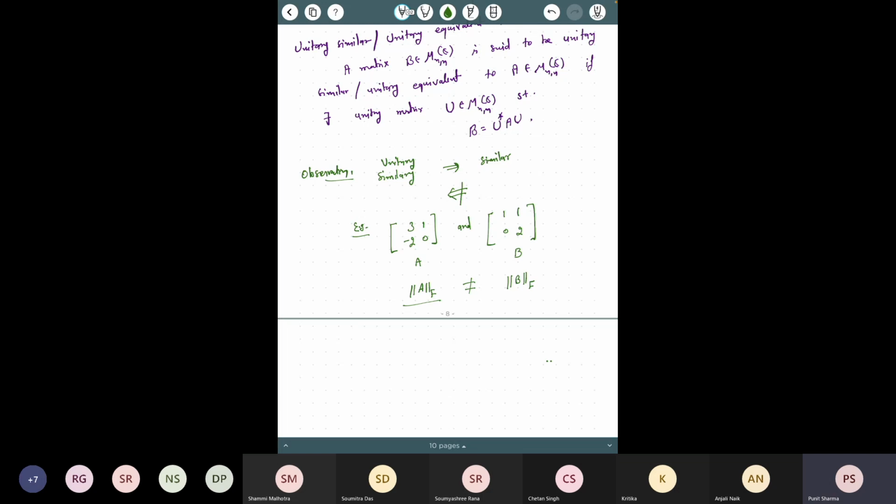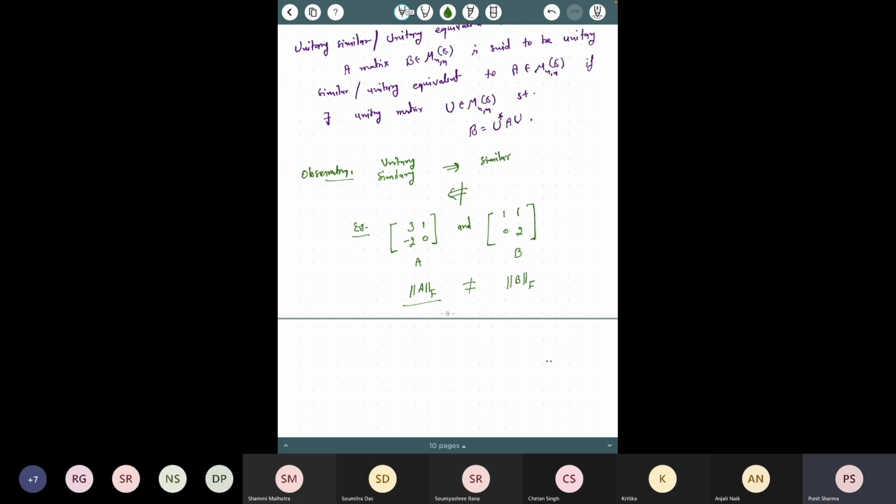Of course, we know the definition, that there exists an invertible matrix S such that S inverse A S is equal to B. But in other words, you can say that the matrix B is a representation of A in a different coordinate system. This S matrix gives you a different coordinate system. It's like a change of basis.